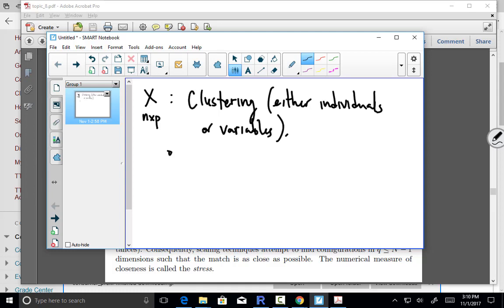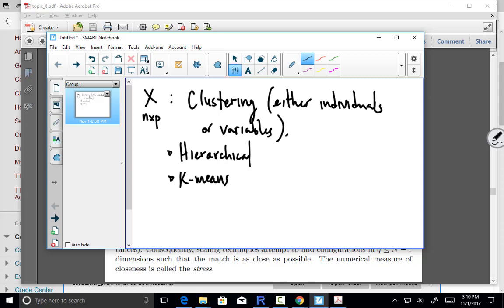There are a few different flavors of cluster analysis. The two main ones are what we've focused on, hierarchical and k-means. Hierarchical is the dendrogram tree-based representation.